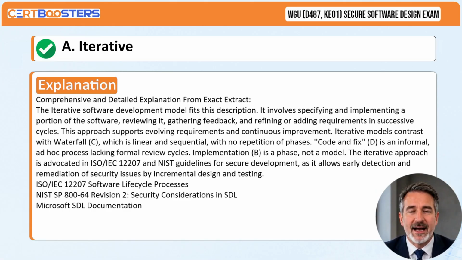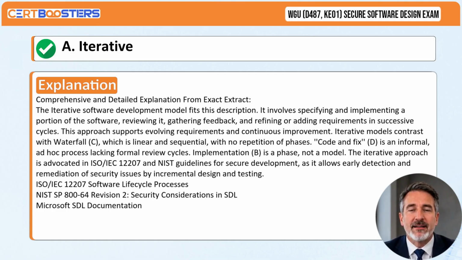Explanation: The iterative software development model fits this description. It involves specifying and implementing a portion of the software, reviewing it, gathering feedback, and refining or adding requirements in successive cycles. This approach supports evolving requirements and continuous improvement. Iterative models contrast with Waterfall, C, which is linear and sequential, with no repetition of phases.